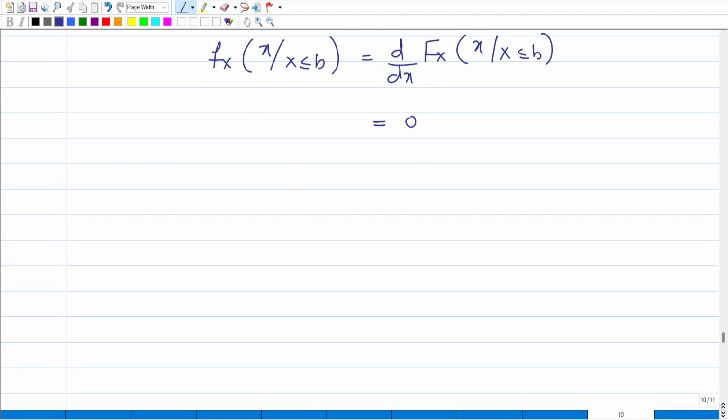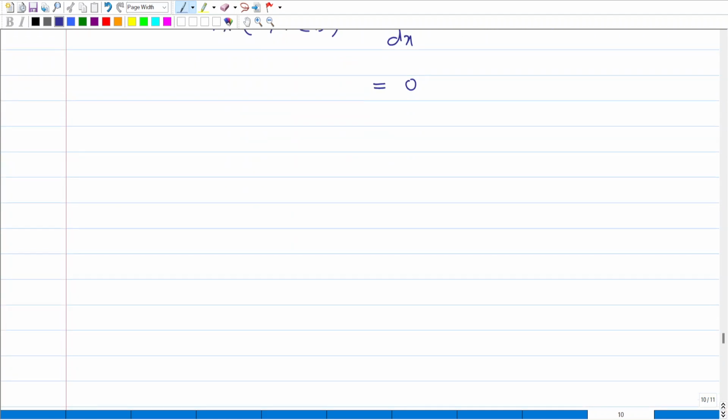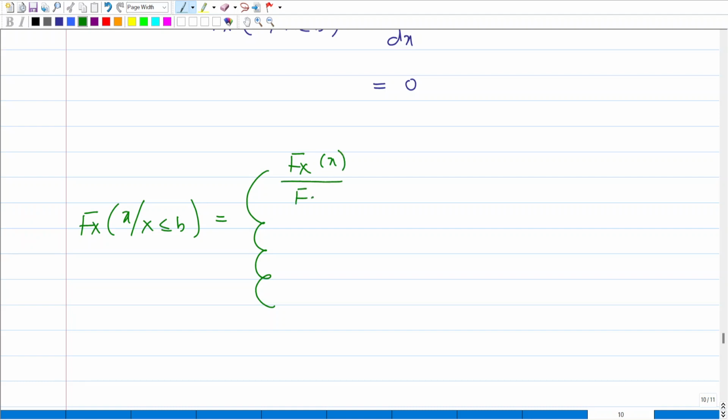Now let us write the conditional distribution and conditional density functions in one place. Fx of x given capital X less than or equal to b is Fx of x by Fx of b for small x less than b, and it is 1 for x greater than or equal to b.